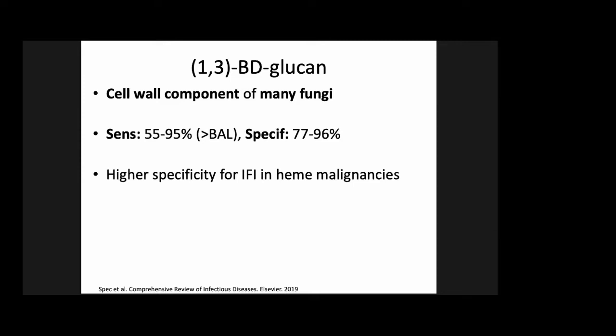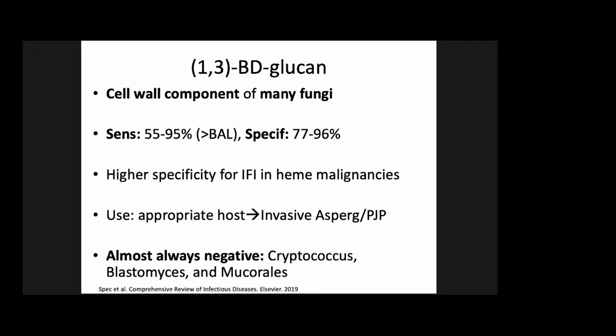The higher specificity for this test is for invasive fungal infections in patients with heme malignancies. So the use of this test should be directed to at-risk hosts, for example, patients with febrile neutropenia or patients living with HIV with CD4 less than 200 if you are looking for a Pneumocystis jirovecii pneumonia.